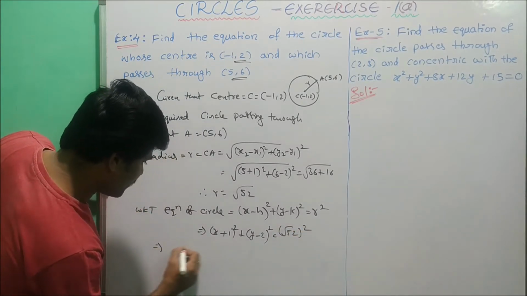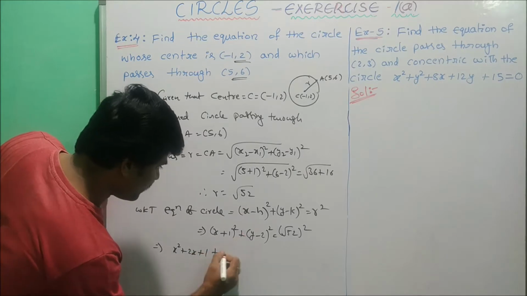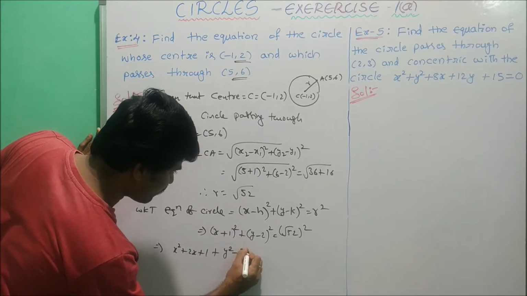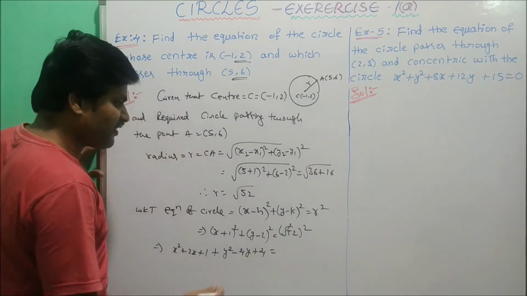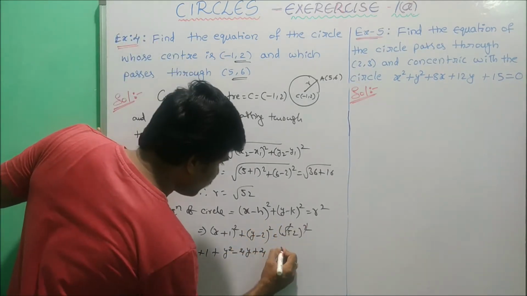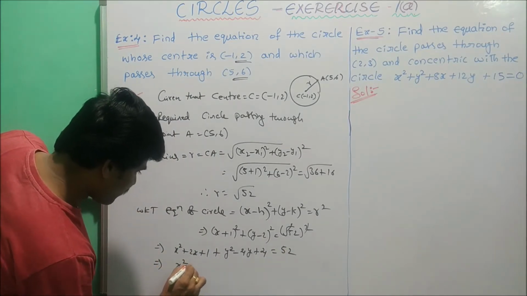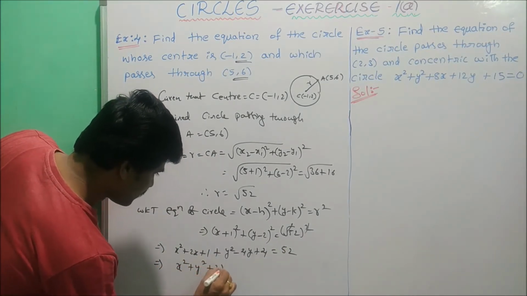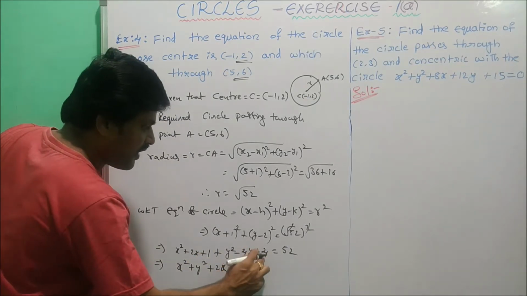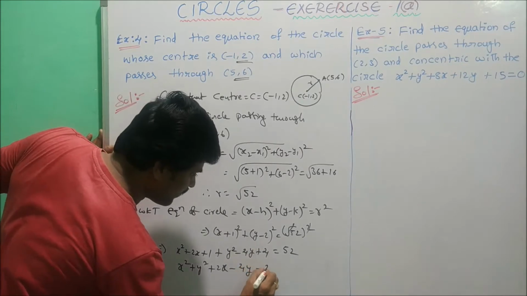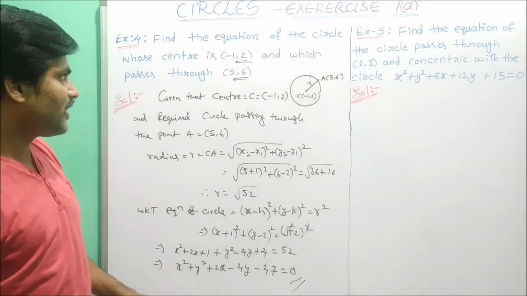Now it can be simplified: x square plus 2x plus 1 plus y square minus 4y plus 4 equals, on the RHS the square root and square cancel, that value is 52. Which implies x square plus y square plus 2x minus 4y, here 1 plus 4 is 5, 5 minus 52, that is minus 47, equals 0. This is the required equation of the circle.